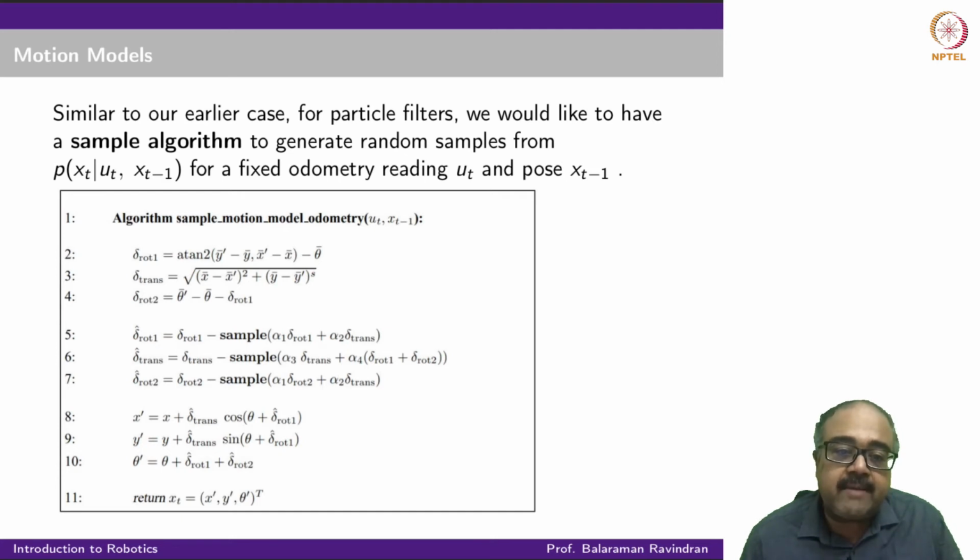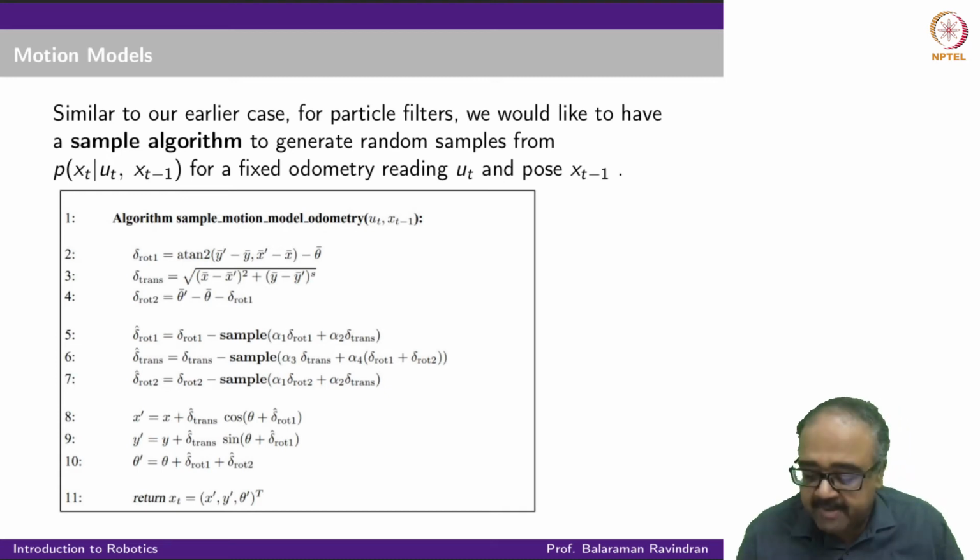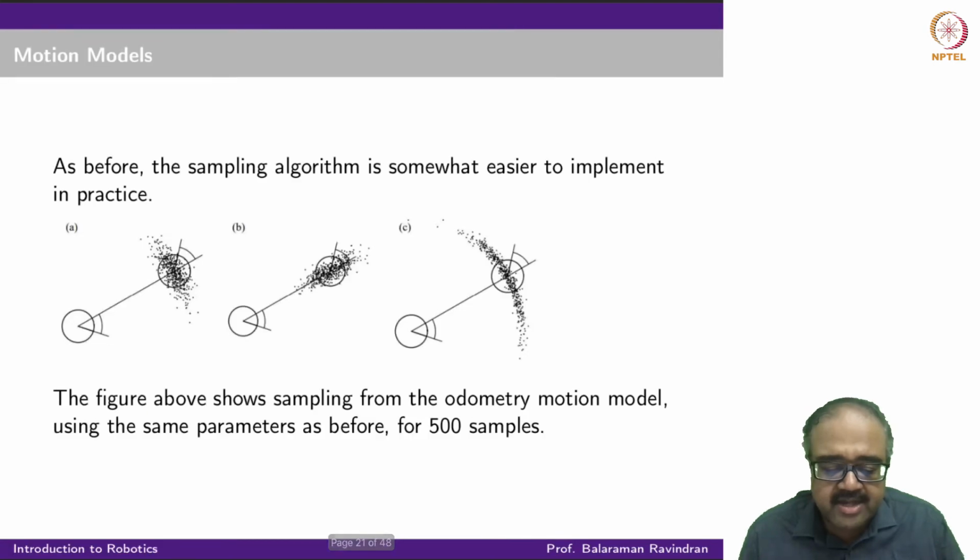All the 3 delta cap values I sample randomly, and once I have a sample, I do a deterministic computation of what x prime, y prime and theta prime should be based on the cap values I have computed, right? And then that gives me the final sample of the state, and if I repeatedly call this function, I will get many different samples. And just like last time, you can see that for 500 samples, this looks like a very similar figure to what we saw with the motion model.